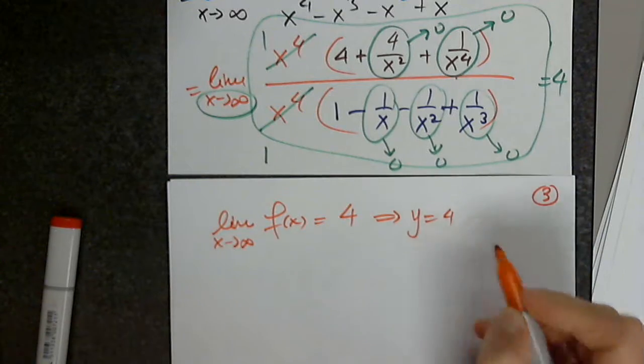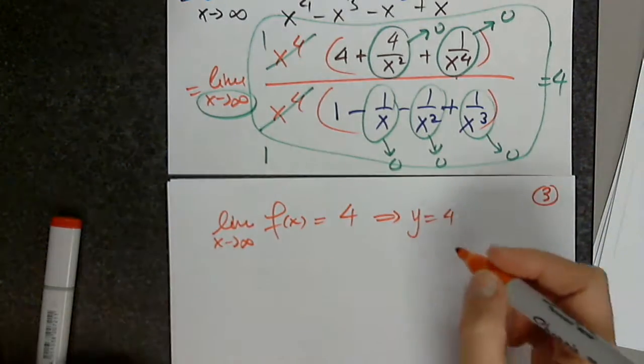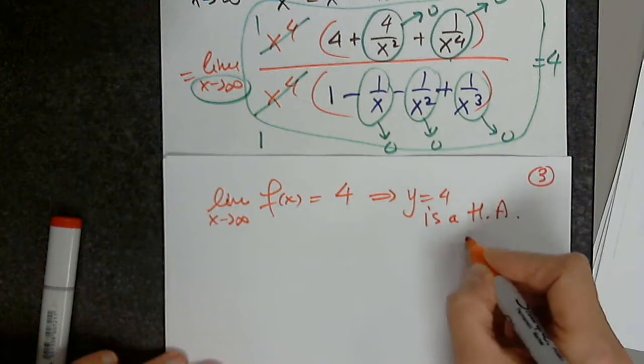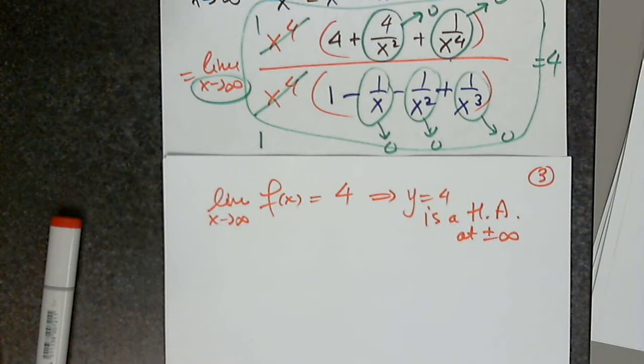Exactly. Y equals 4. I did not use the fact plus or minus. Therefore, I'm going to say y equals 4 is a horizontal asymptote at both, or just say it's a horizontal asymptote. Very good question. Thank you. Does it make sense? Okay, good.